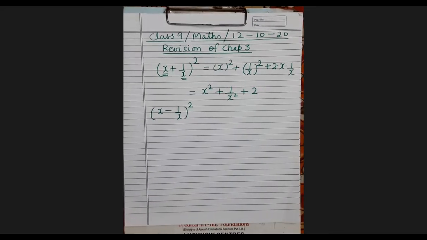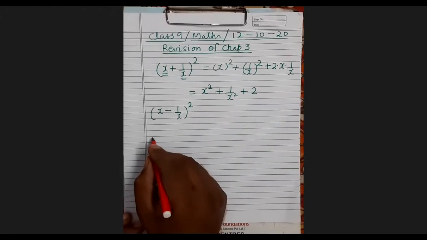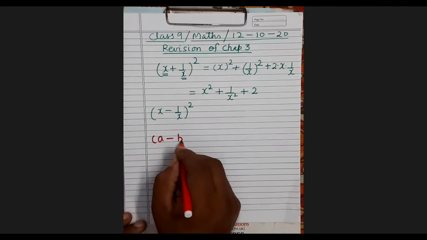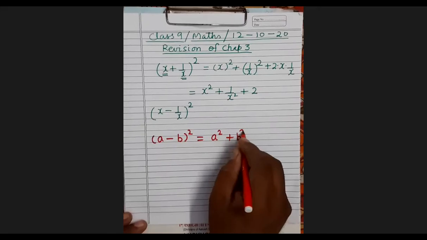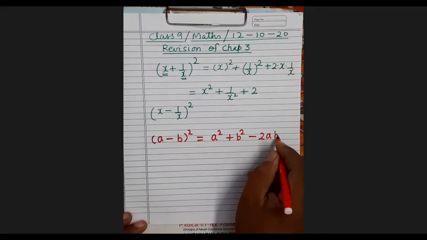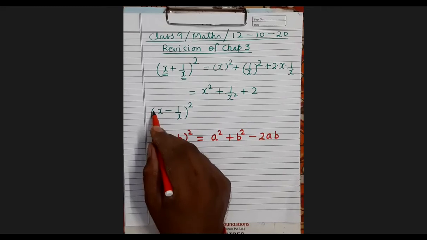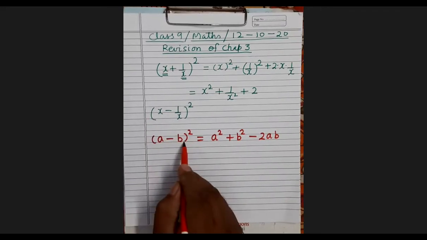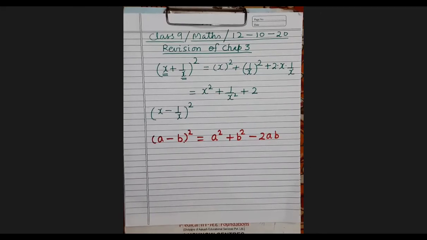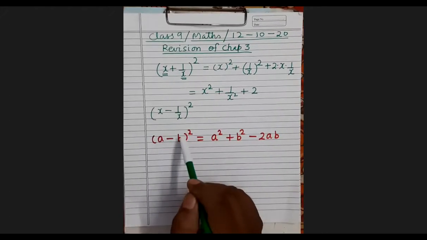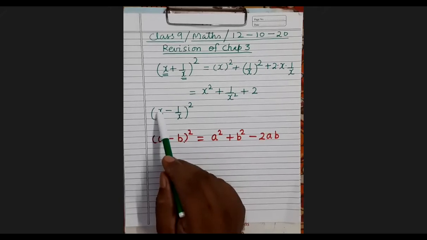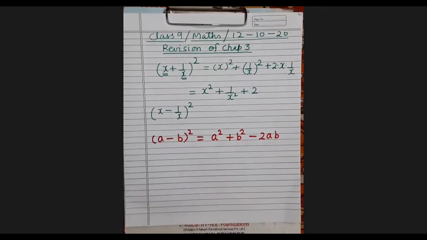This we can simplify using the formula (a minus b) whole square. What is (a minus b) whole square? You know, a square plus b square minus 2ab. If you compare this one from here, what will you get in place of a? Who can tell? In place of a you will get x, and in place of b you will get 1 upon x.